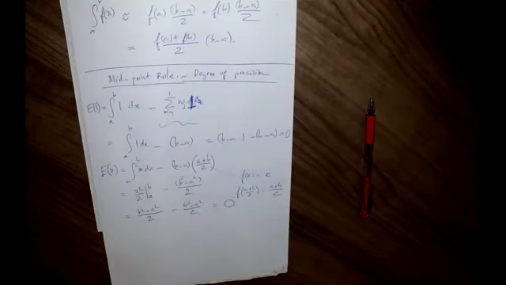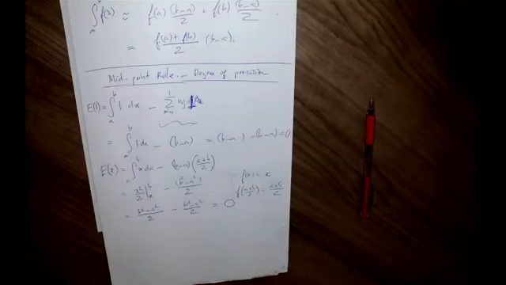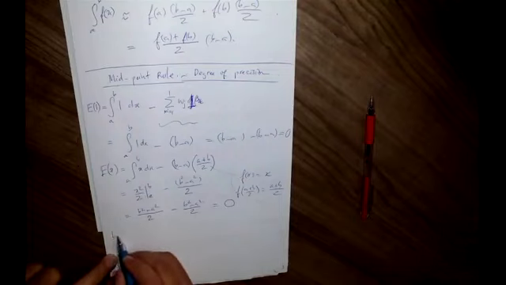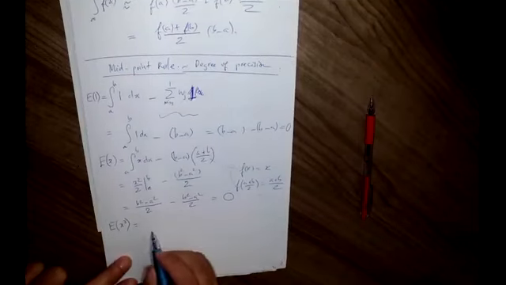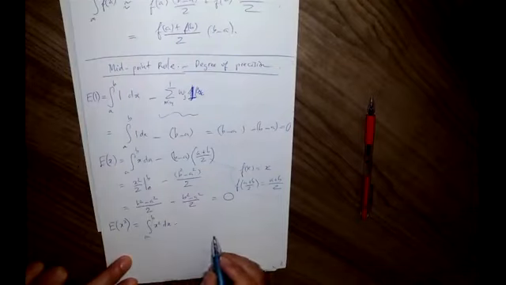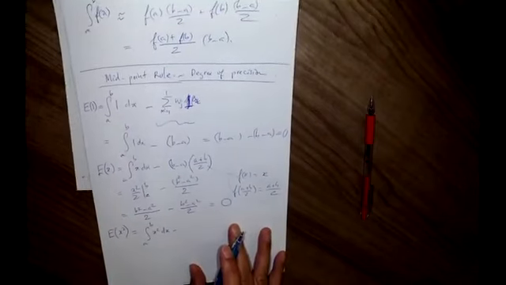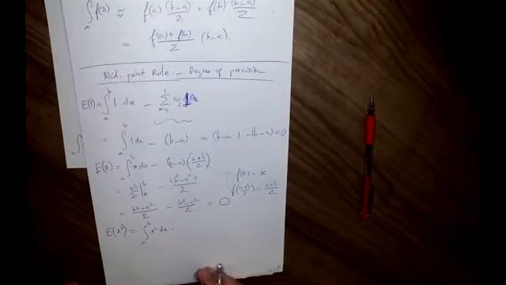So for the midpoint rule, you know, E of 1 equals 0, E of x equals 0, right? And now what is E of x squared? So E of x squared, you do the same but for x squared. So integral from a to b, and the weight now will be b minus a, yeah?